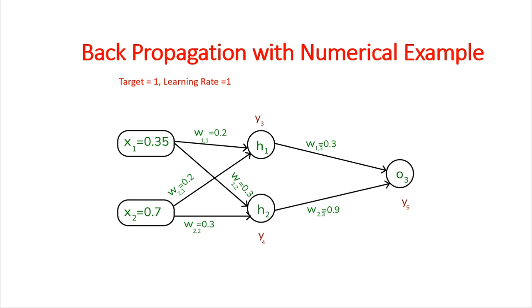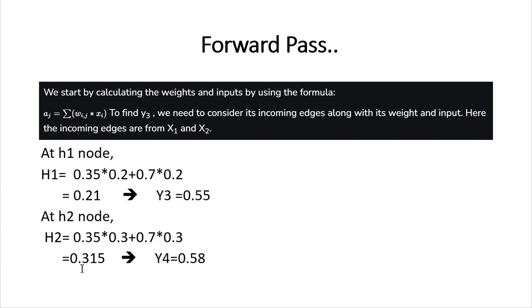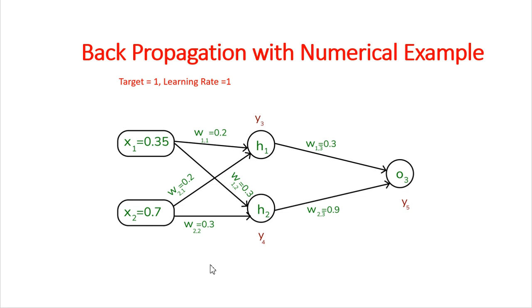So to calculate y4, you will get 0.315. After that, again you need to apply the activation function, 1 by 1 plus e power minus 0.315. Then you will get approximately 0.58. So this is the calculation of the output values at the hidden nodes, y3 as an output node and y4 as one more output node.